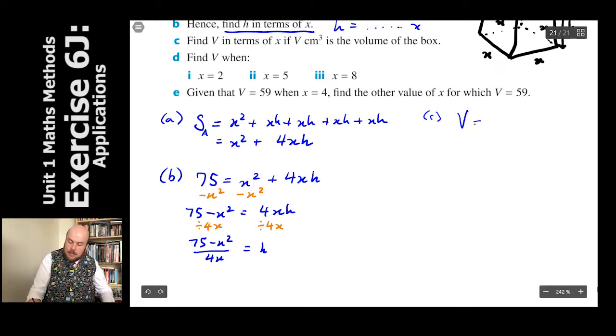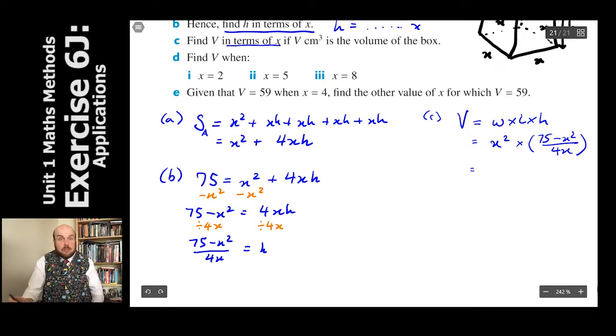Volume is width times length times height. So it's the area of the base times the height. The width and the length, well, that's x squared. And we don't want h's anymore, because this is saying in terms of x, so we'll have to use our answer from before: 75 minus x squared over 4x.